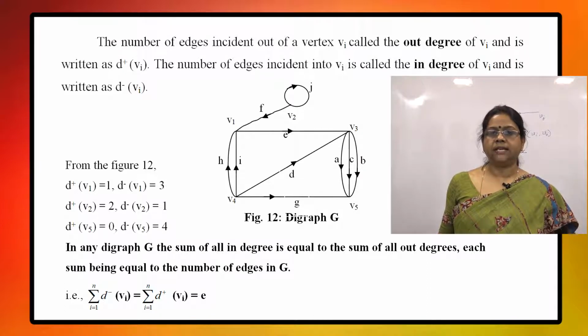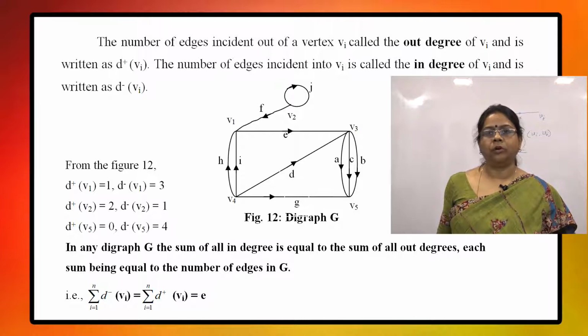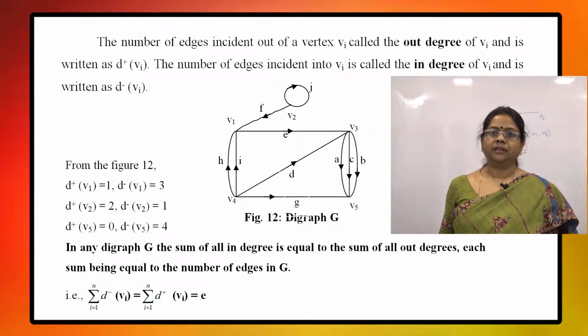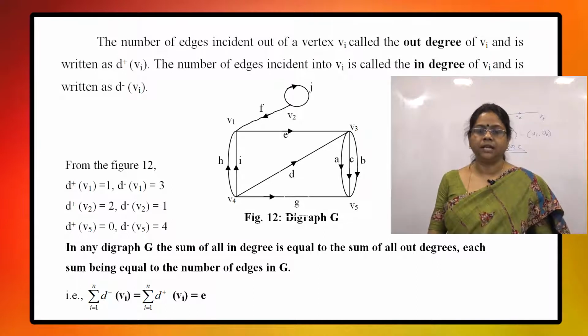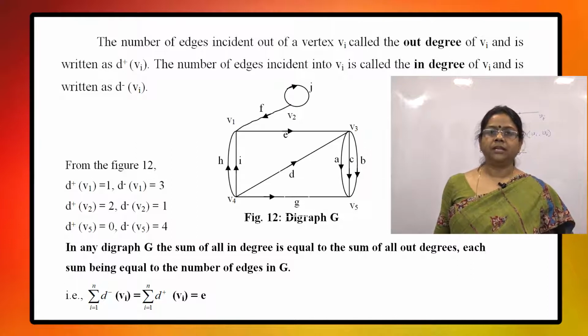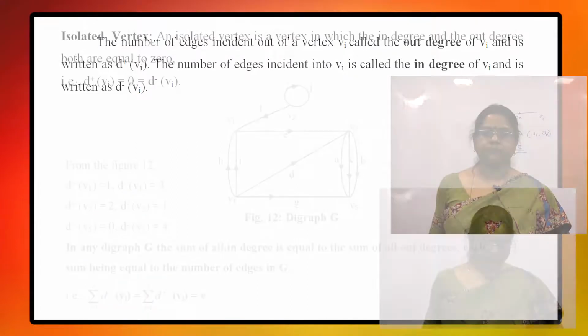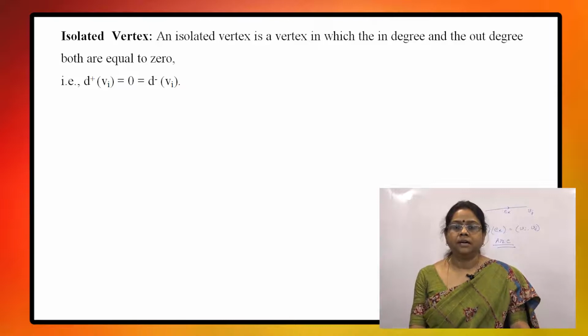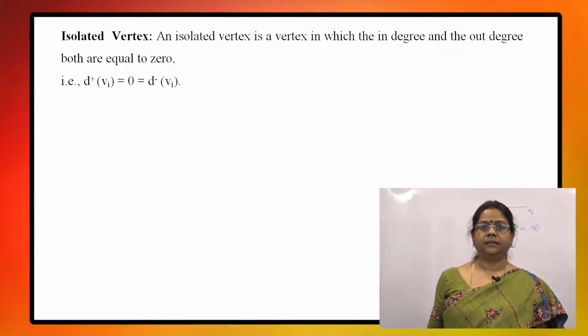So obviously in any digraph the sum of all in degrees is equal to the sum of all out degrees, and each sum is equal to the number of edges E in G. So we get this equation: summation d minus Vi equals summation d plus Vi equals the number of edges E.